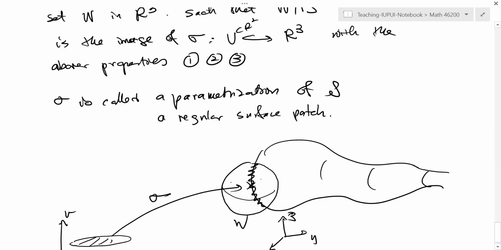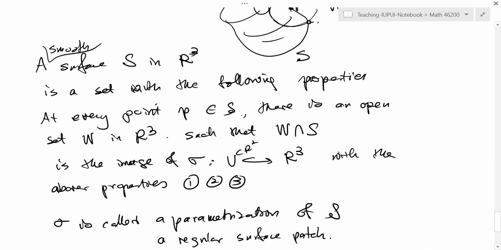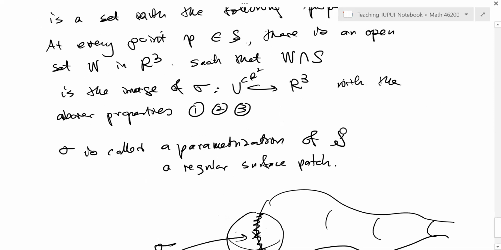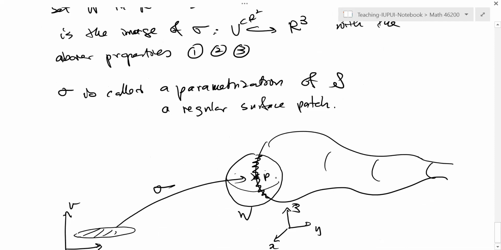So let's go back to the definition. A smooth surface, we only consider smooth surfaces, is just a set in three-dimensional space with the following property: at every point P, there is an open set W in three-dimensional space such that the intersection part can be viewed as an image of a regular surface patch.